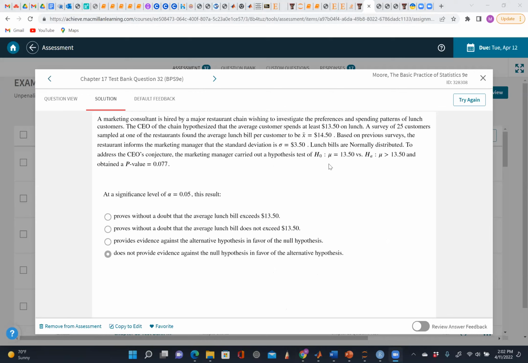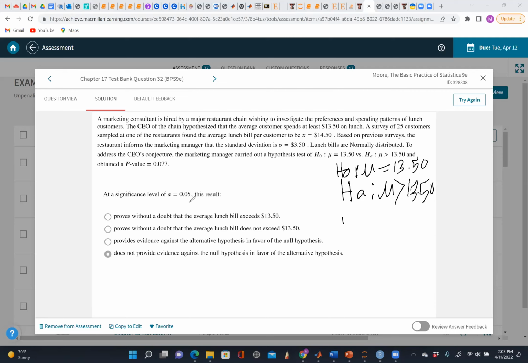That means we have mu is at least, so mu greater than or equal to 1350, and the alternative will be mu less than 1350.